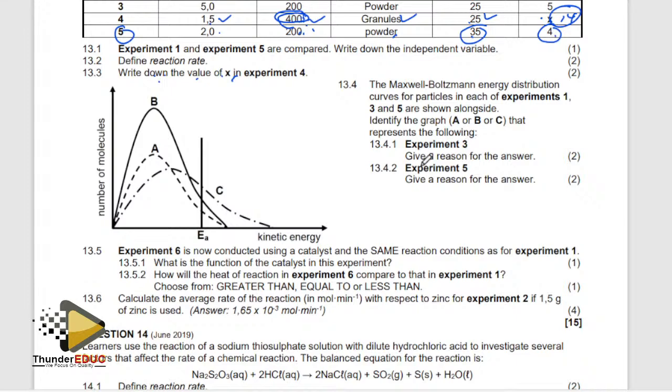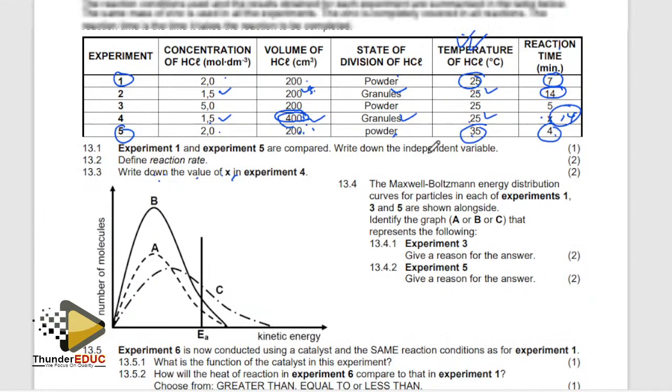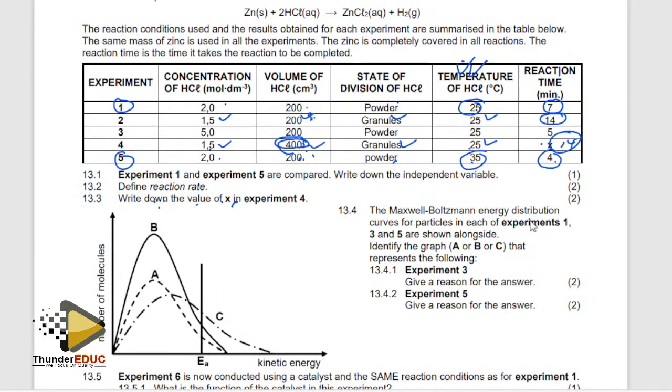What's happening with experiment 3? You see guys, you have to know how to analyze this. Let me clean this out because I don't want it to disturb us when you're analyzing. Experiment 3, experiment 1, and experiment 5. So what is the difference here? Experiment 1, this and this, they are the same.